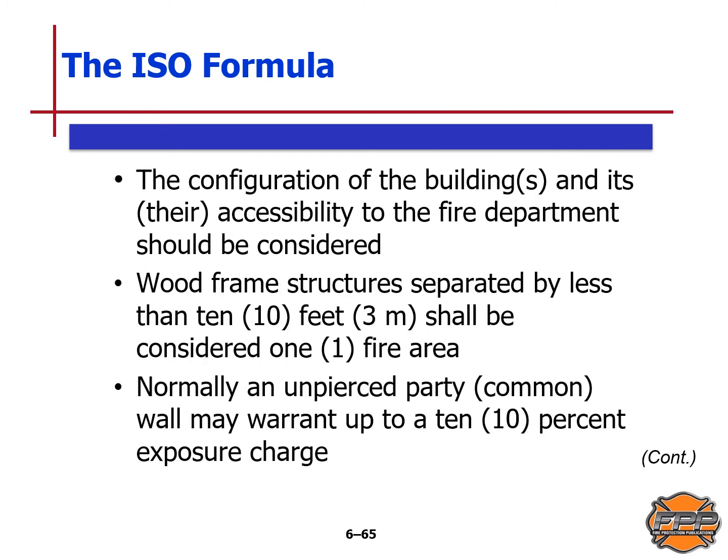The configuration of the building or buildings and its or their accessibility to the fire department should be considered. Wood frame structures also that are present and separated by less than 10 feet or 3 meters shall be considered one single fire area. Normally, an unpierced party or common wall may warrant up to a 10% exposure change.